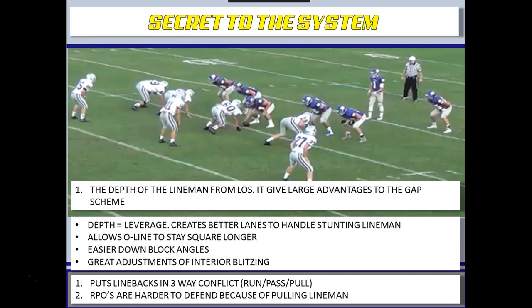What is the secret to our system? I will tell you that we have done this with 160-pound linemen, 220-pound linemen. We've done it with all different types of skill sets. The one thing I like, as you can see in this picture, is that we are a wide split team.